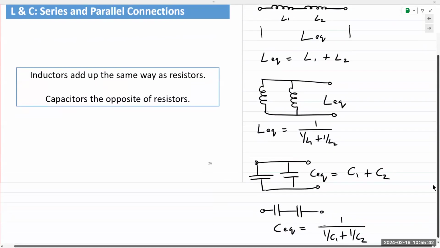Inductors add up the exact same way as resistors. Capacitors add up the exact opposite. So inductors, you don't have to think too much. Capacitors, you do.